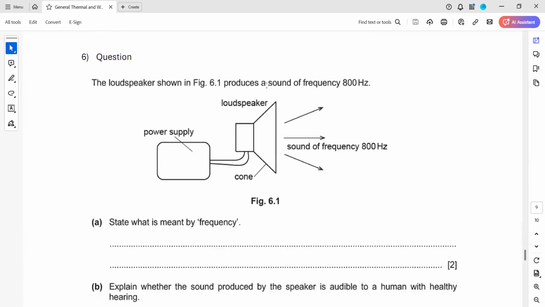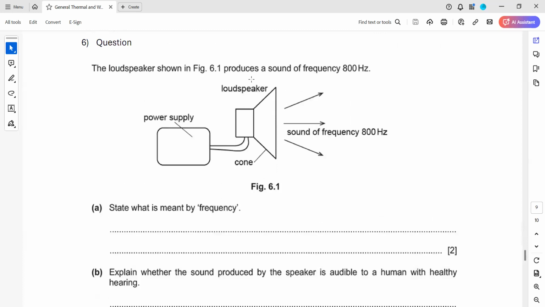Question 6 is related to waves, the sound waves. A loudspeaker shown in figure 6.1 produces a sound of frequency 800 hertz. What is meant by the frequency? 2 marks are there. You have to learn the standard definition, and frequency means the number of vibrations or number of waves in 1 second, or in a unit time.